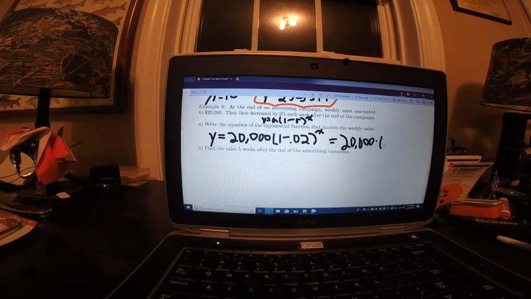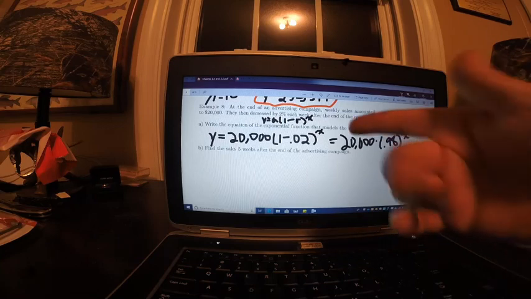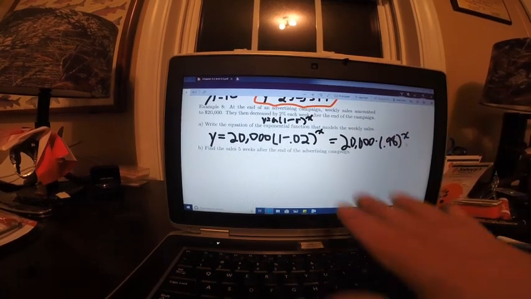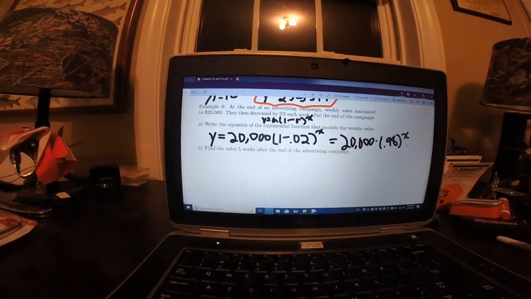Times 1 minus 0.02 is 0.98. And that 0.98 is what is raised to the x. So exponential decay is a little more difficult than exponential growth, because I see a lot of people forget to do the decay part and subtract the percent off instead of adding it. If you're decreasing or decaying, you're going to want to make sure you use the right formula.